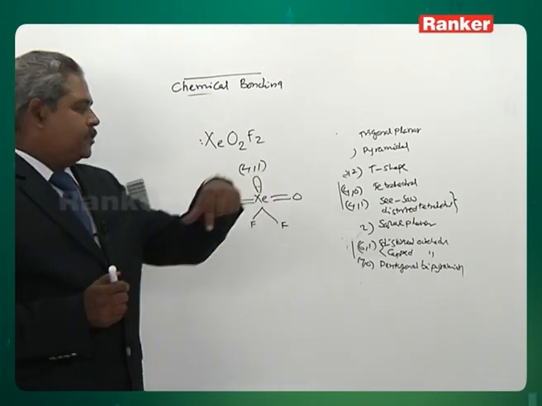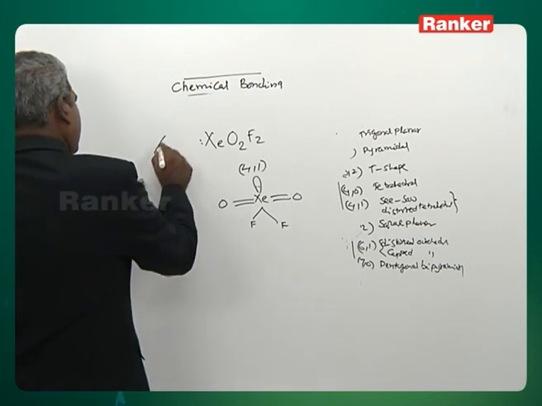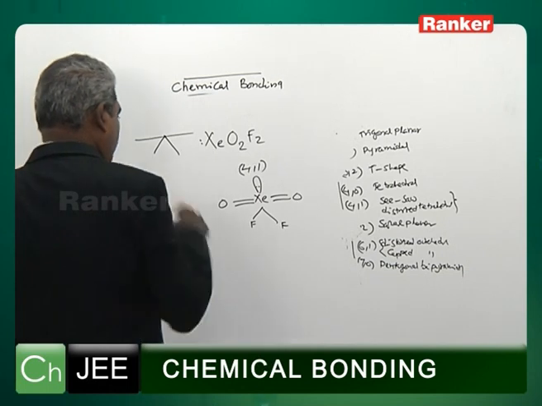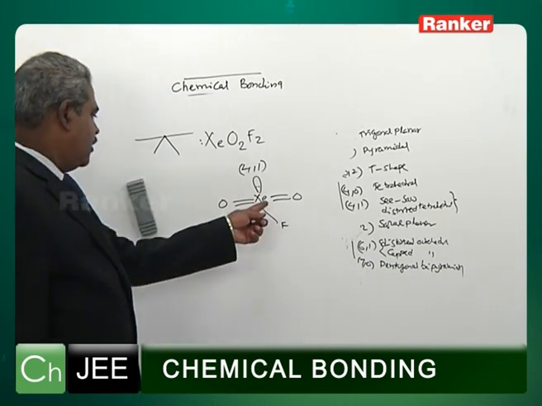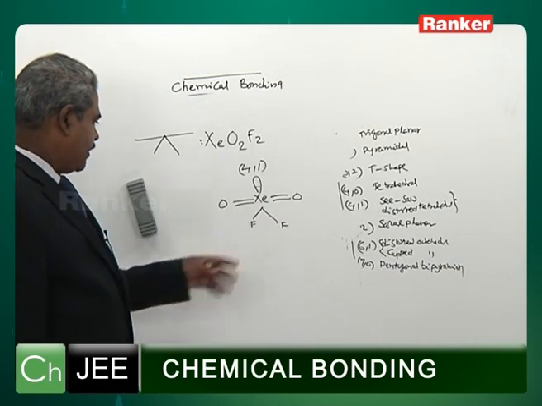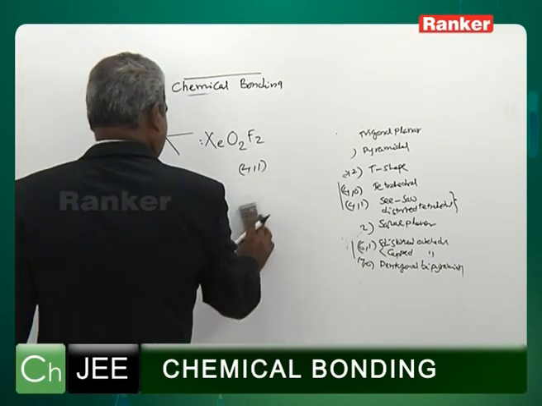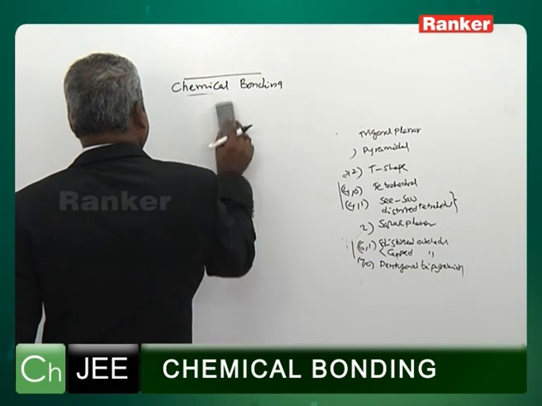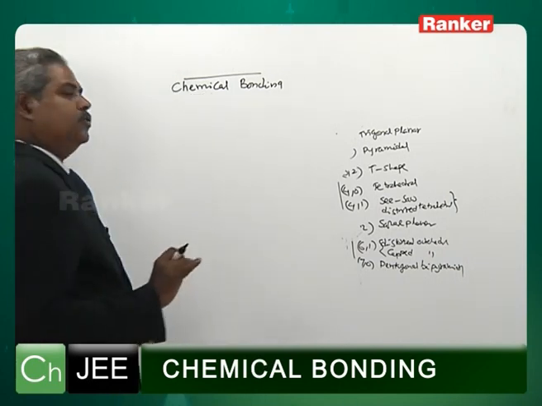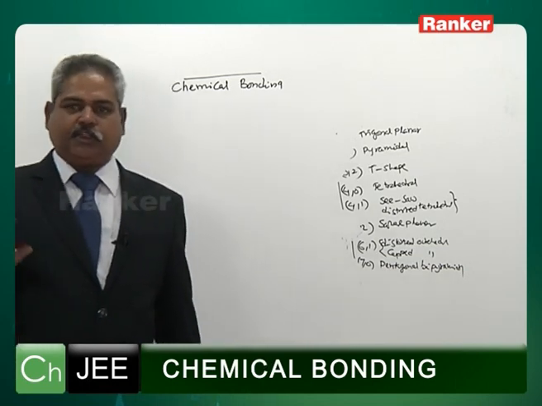It's something like this, a V shape. On a V you draw a line. Don't worry whether oxygens are in this plane or at this position. That's not very important. That is all secondary discussion. You need not waste time on it. Enough if you know seesaw.